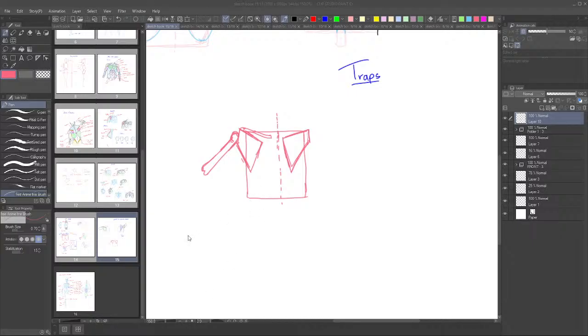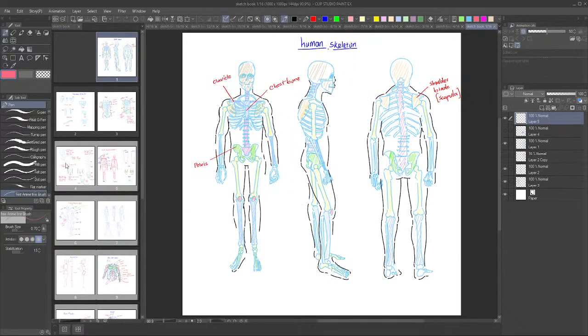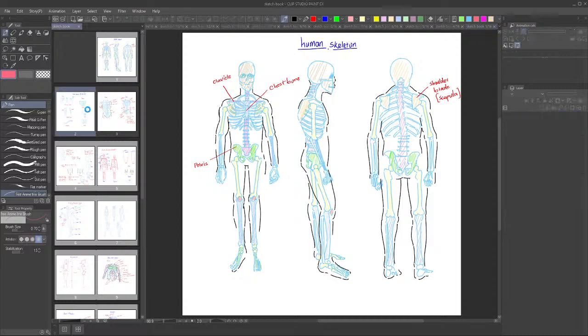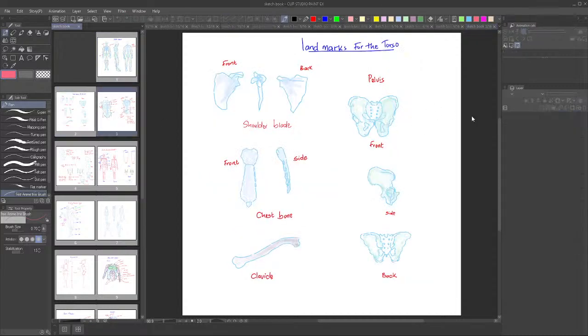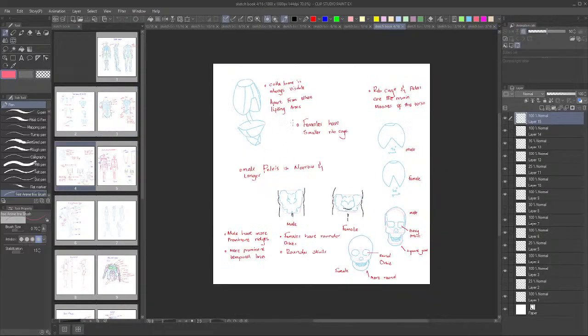That's why we started animating the skeleton, the skelly, so that we can know. We even drew the individual bones. We were not trying to simplify things here, just drawing what we see.